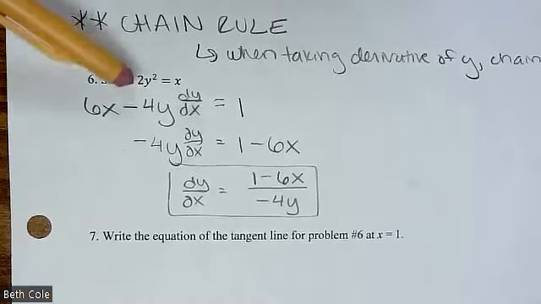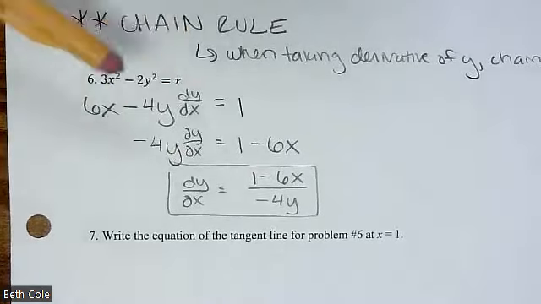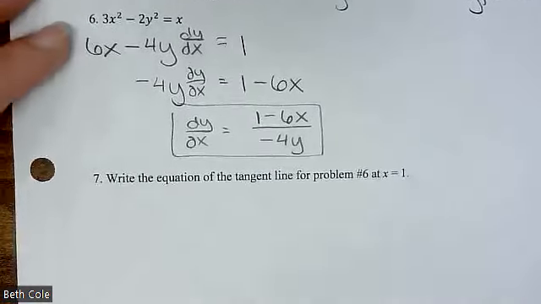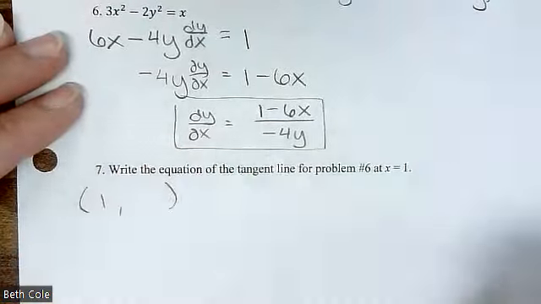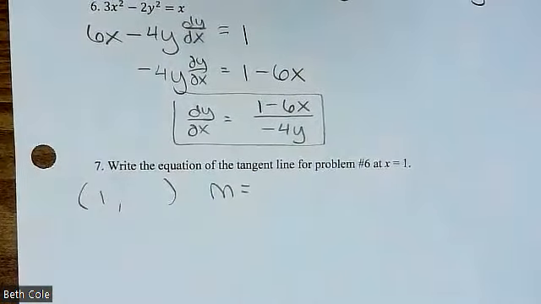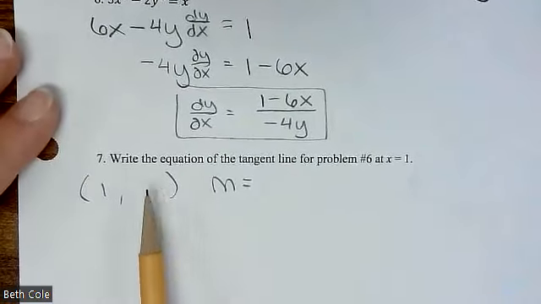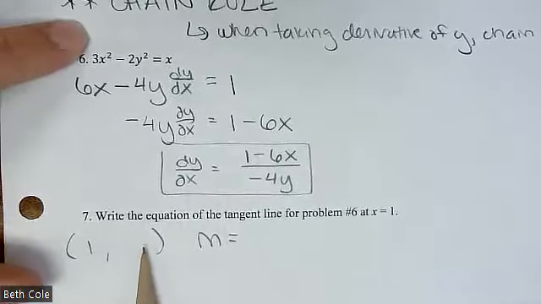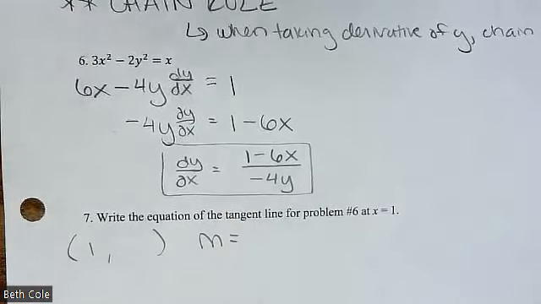All right. Anyway, we're going to write an equation for this problem. So what 2 things do you need to write an equation? A point and a slope. So we need 1 comma something. X is 1. We're going to get our slope. How do you get the other part of the point? Plug it into the original one or the derivative. Good, perfect.